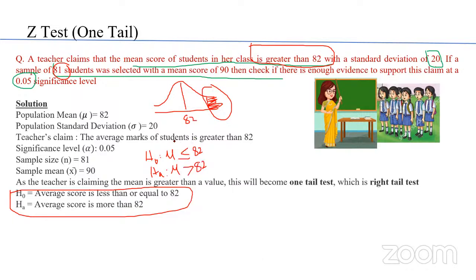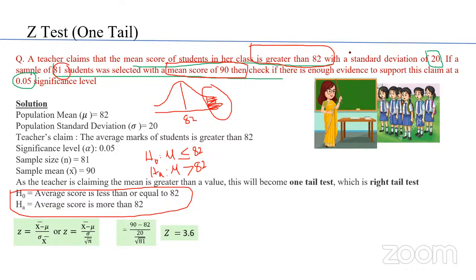As we are talking about either greater than or less than, we have to differentiate what they are trying to do. Is it one tail or two tail? And the same formula, everything is the same application. Here the sample mean has become 90. The sample students who got selected got 90. Obviously, 90 minus 82 is going to be a positive number, divided by the standard deviation.